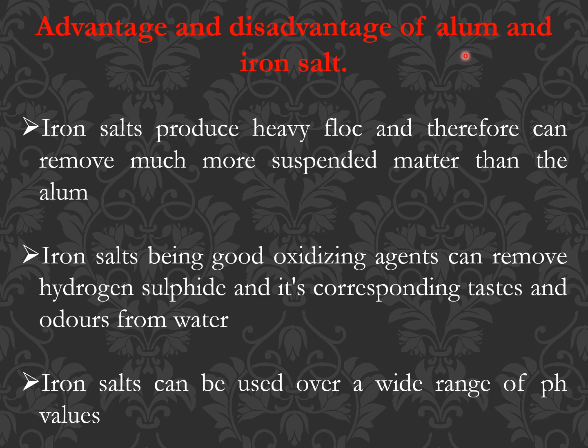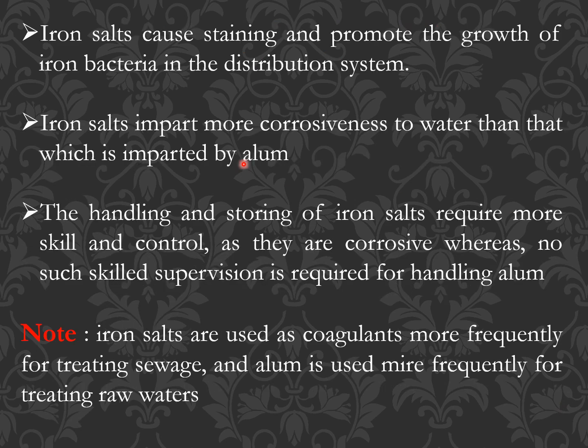So what are the advantages and disadvantages of alum and iron salts? Iron salts produce heavy flock and therefore remove much more suspended matter than alum. Iron salts, being good oxidizing agents, can remove hydrogen sulfide and its corresponding taste and odor from the water. Iron salts also work over a wide range of pH values.